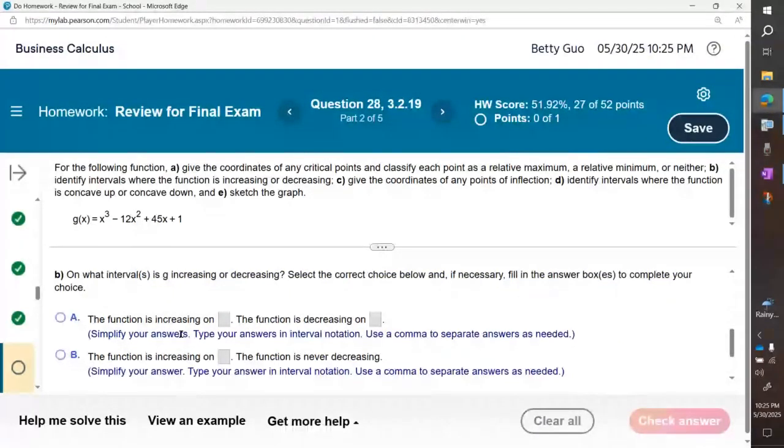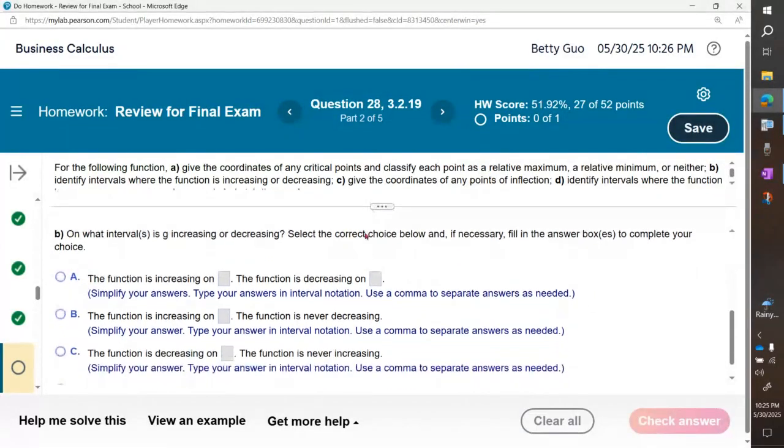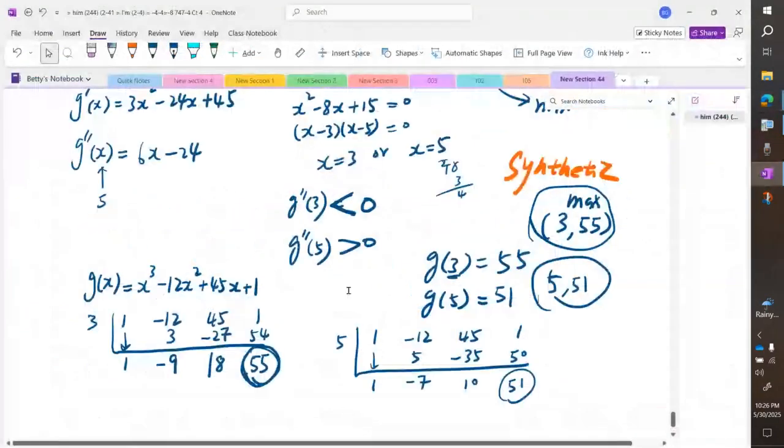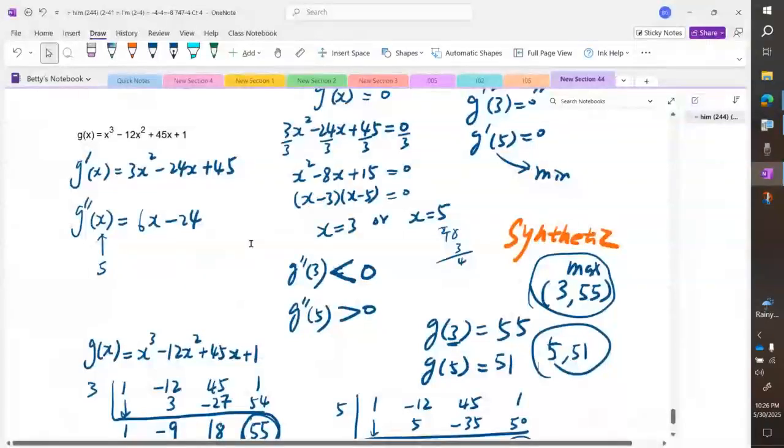Part B. On what intervals is g increasing or decreasing? Select the correct choice below, and if necessary, fill in the answer box to complete your choice. Earlier we mentioned, if you take pre-cal, you should know the basic shape of a polynomial function with degree 3, right?